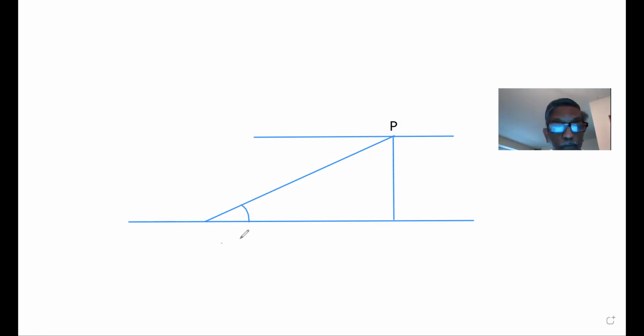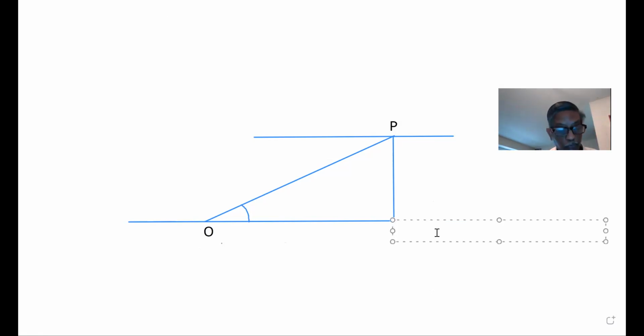What happened to the O? I possibly erased that one. O. What is this vertical distance?